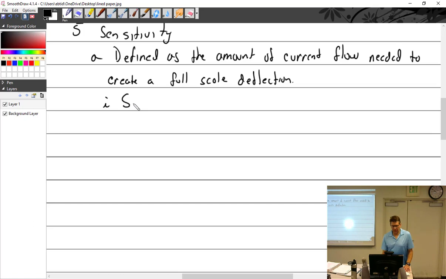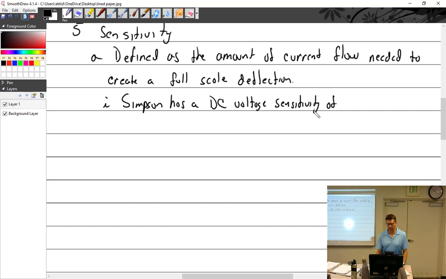So Simpson has a DC voltage sensitivity of what, Tyler? 20,000 ohms.